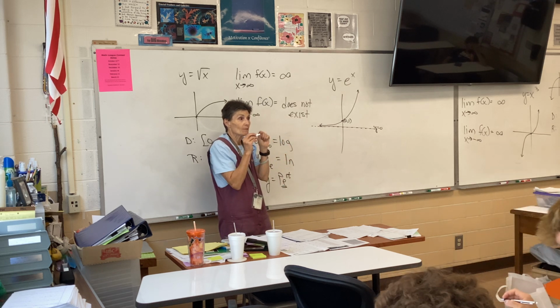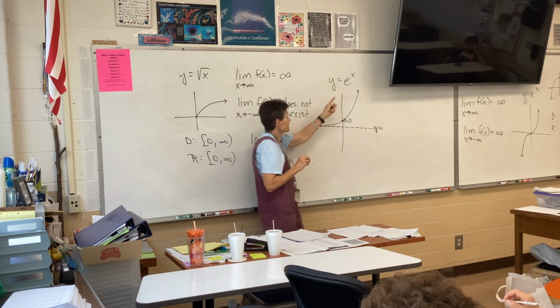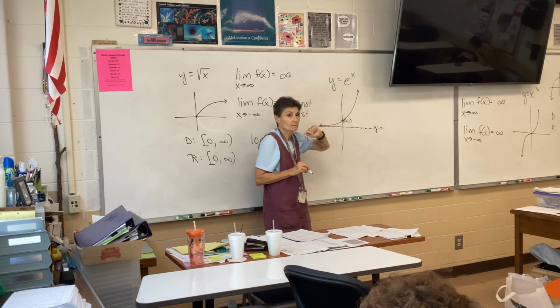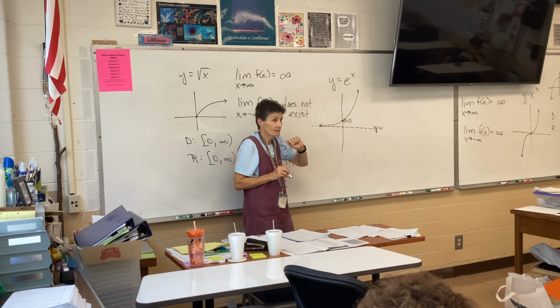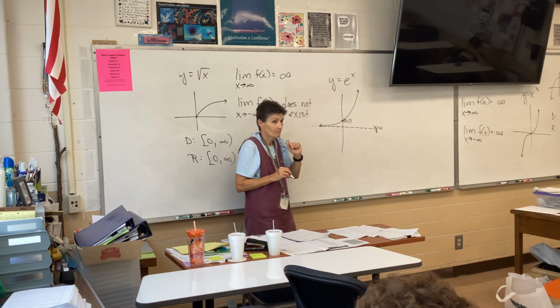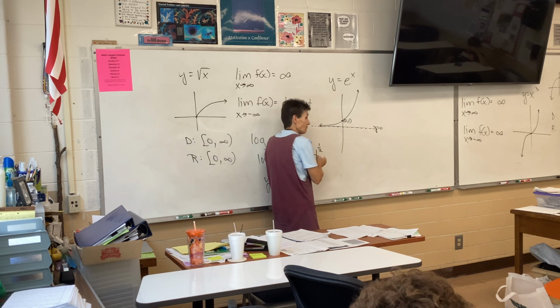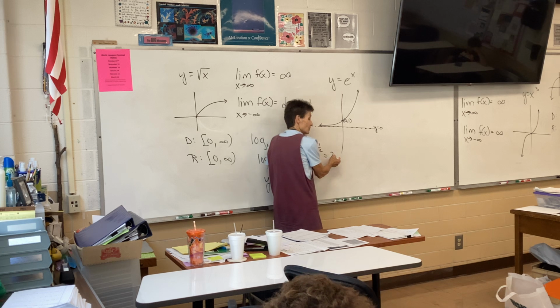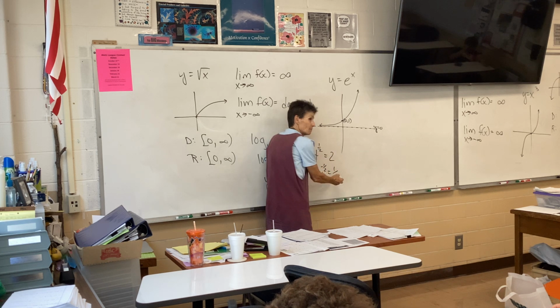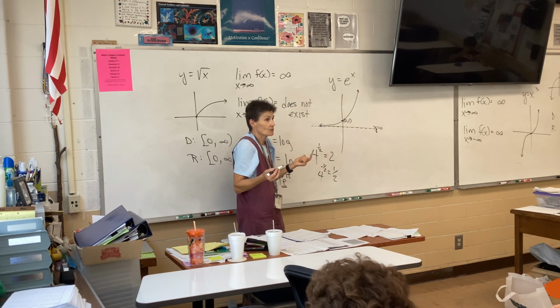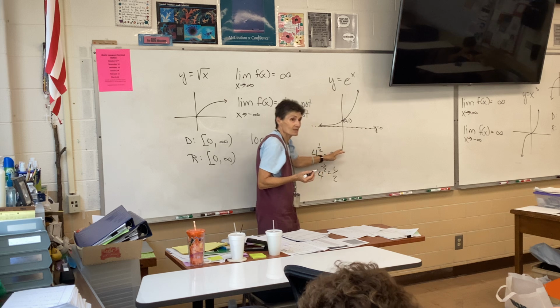Remember, if you are raising a positive number to a power, it's going to be positive, right? Think about that. If you take 4 to the 1/2, you get 2. If you take 4 to the negative 1/2, you get 1/2. The answer is always positive. So you're not going to have any negatives down here.